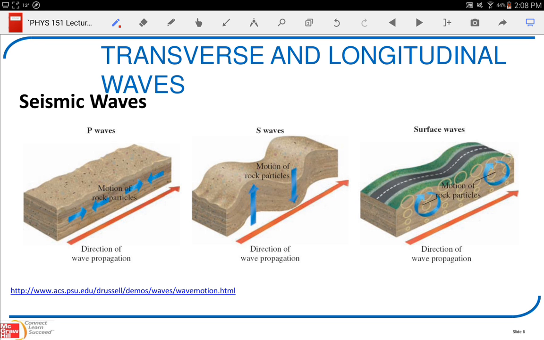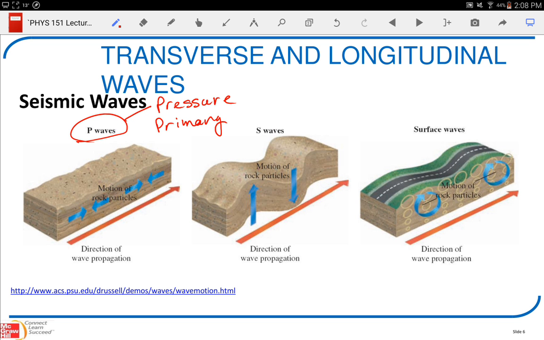Seismic waves have two fundamental types of waves. The P wave, P stands for pressure or primary. Both of those should have some meaning to you by the time we're done with this. Primary means, of course, first.